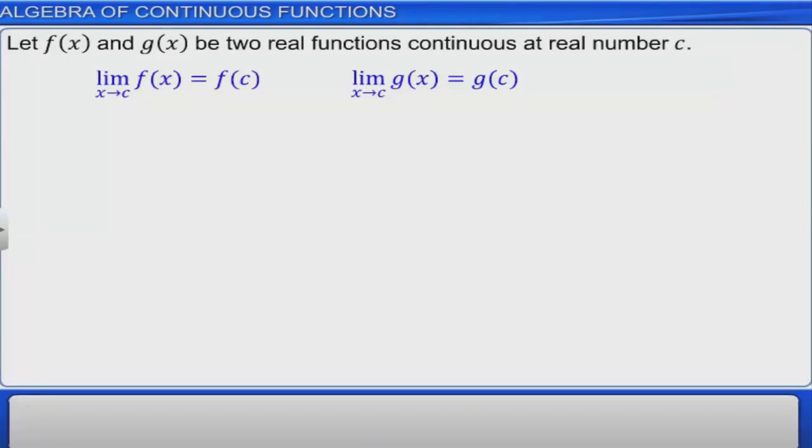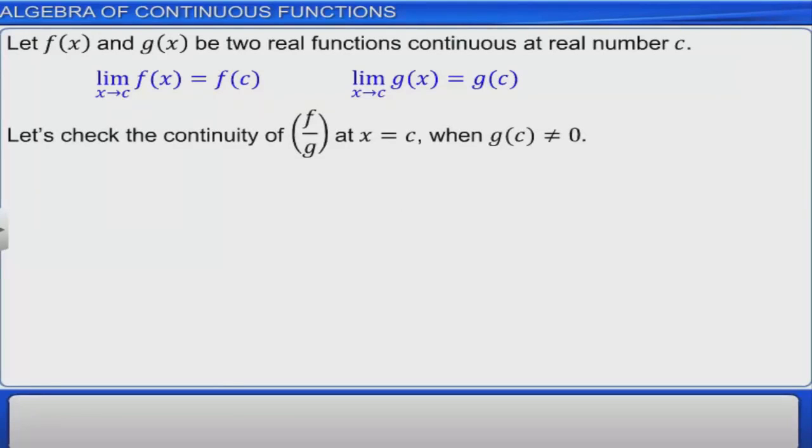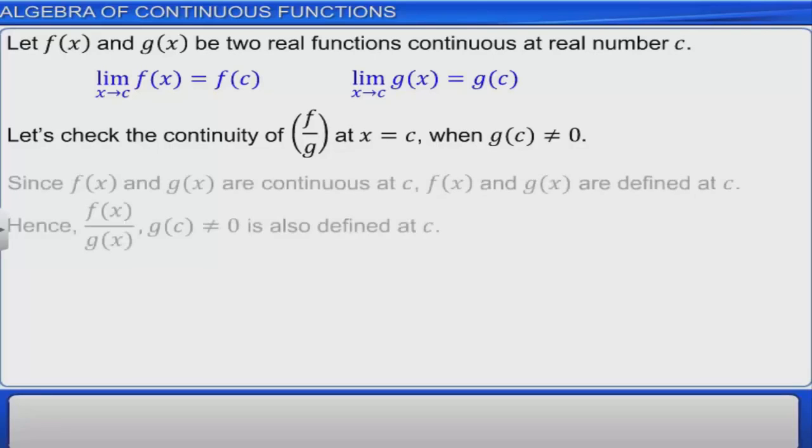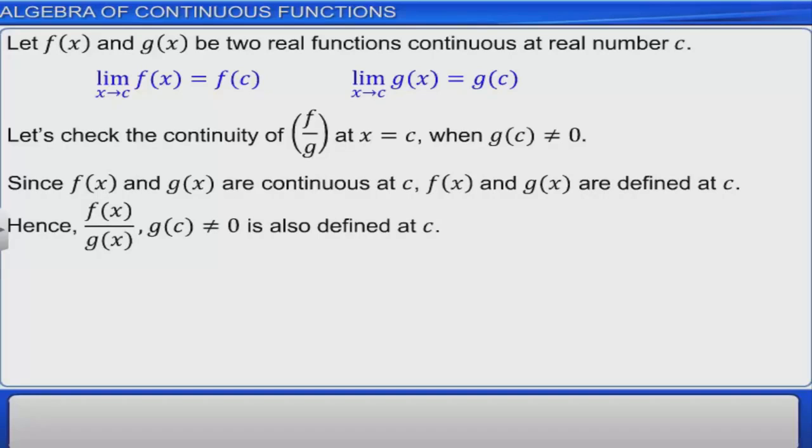Lastly, let's check the continuity of the quotient of two real functions f of x and g of x at x equal to c. As f of x and g of x are continuous at c, f of x and g of x are defined at c.